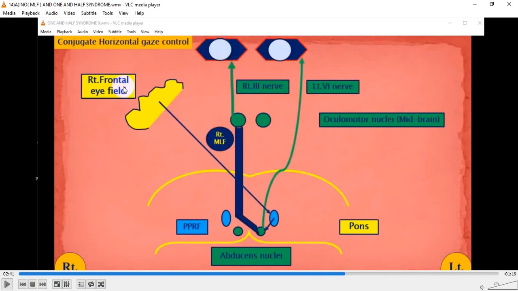This will be responsible for what we call a left side gaze. So the right frontal field will be stimulating the left side parapontine reticular formation. You can see this: there is abduction of the left eye, adduction of the right eye.